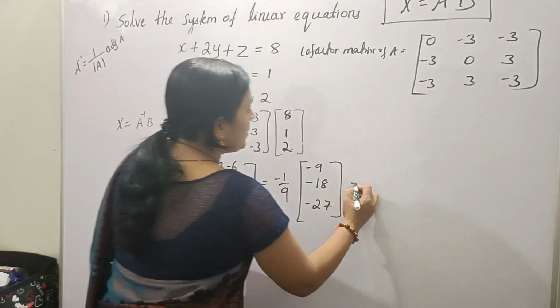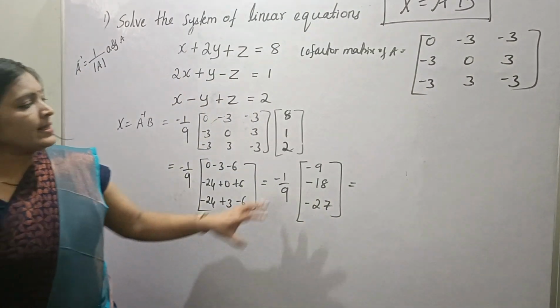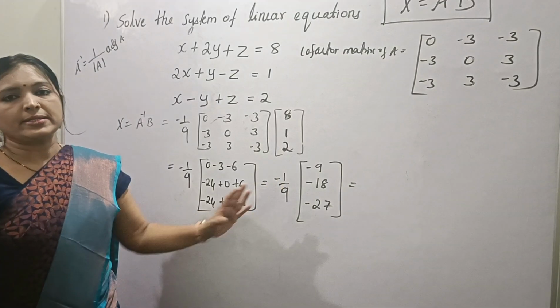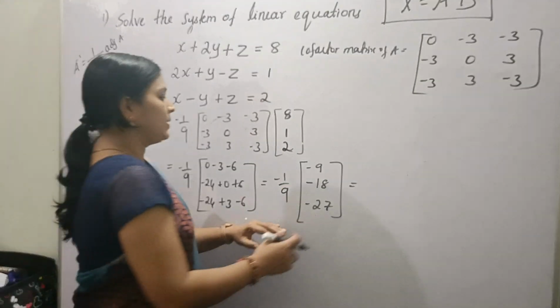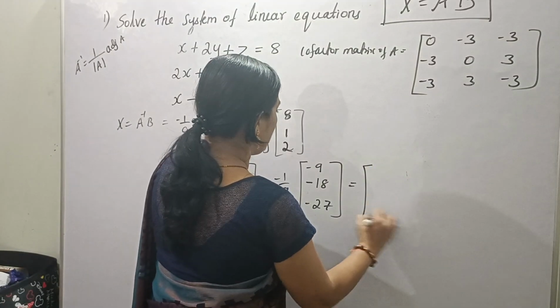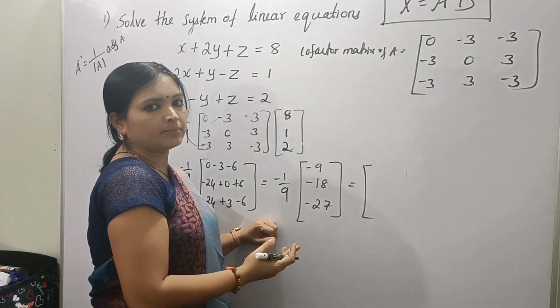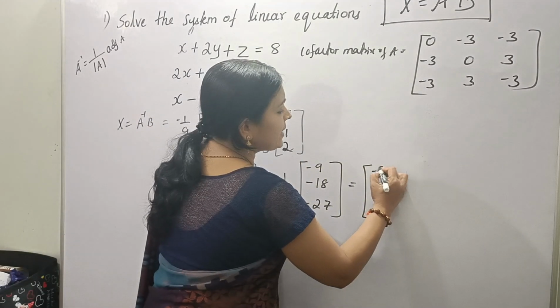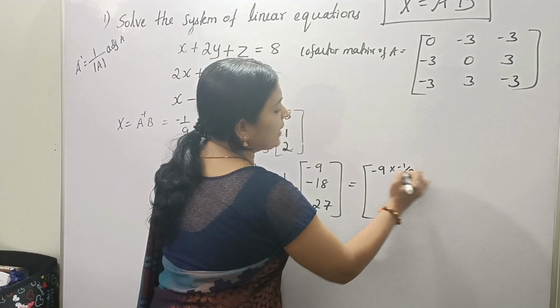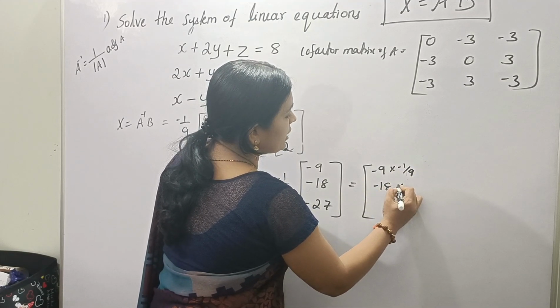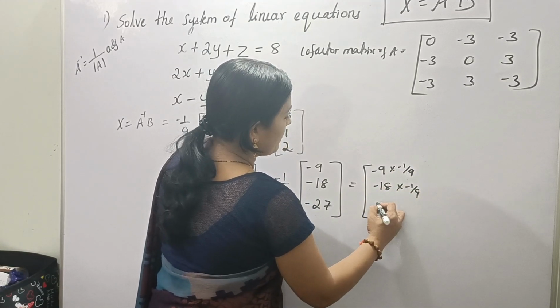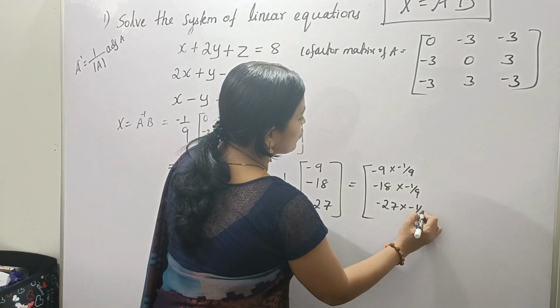Now, multiply these elements by minus 1 by 9. Scalar multiplication. Okay. That is here minus 9 into minus 1 by 9, minus 18 into minus 1 by 9, minus 27 into minus 1 by 9.